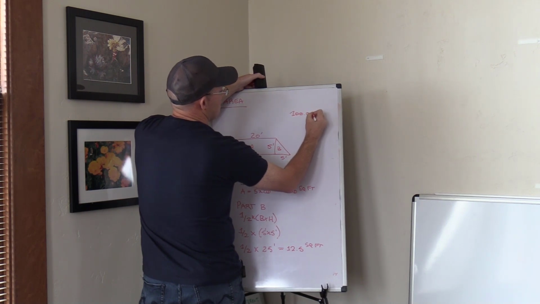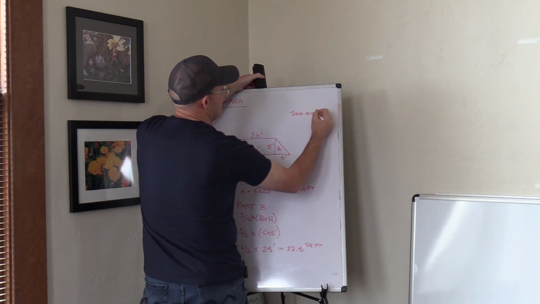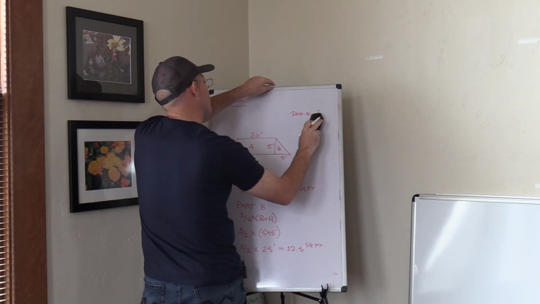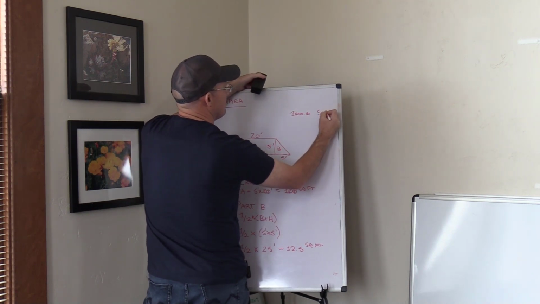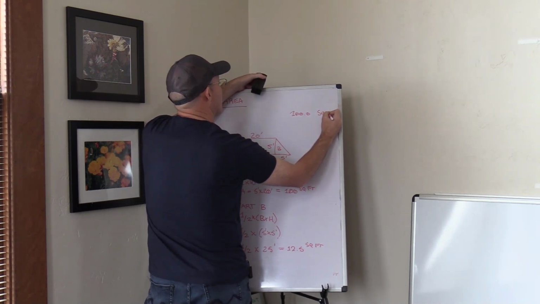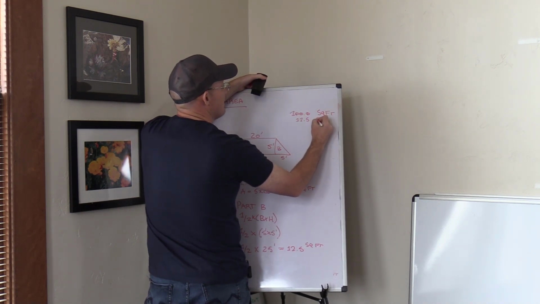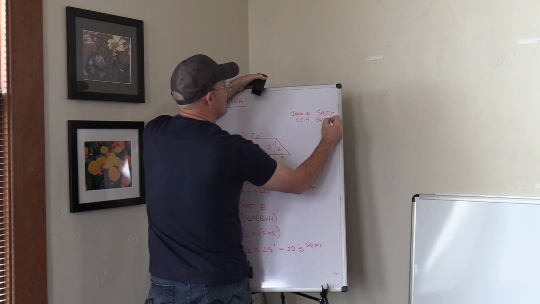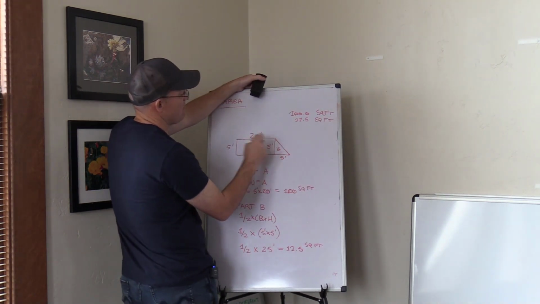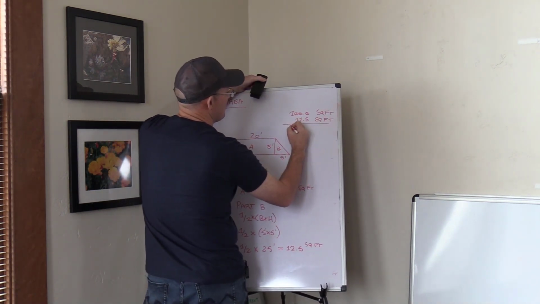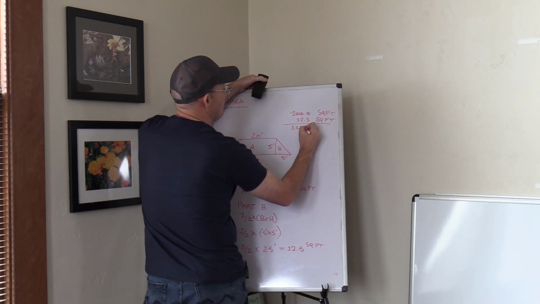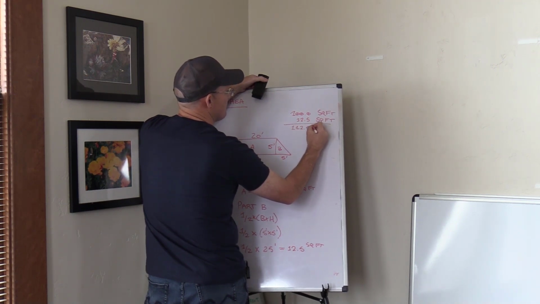So we've got 100 square feet, and then we're going to add 12.5 to that, the area of the triangle. So the total area of A and B, the rectangle and the triangle put together, is 112.5 square feet.